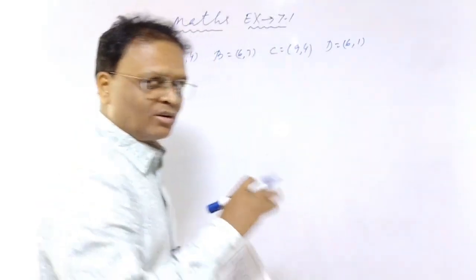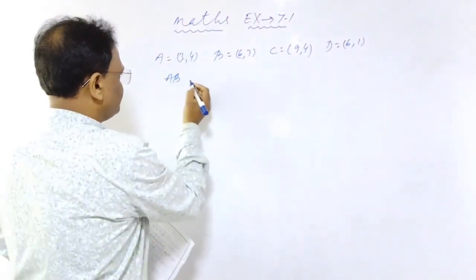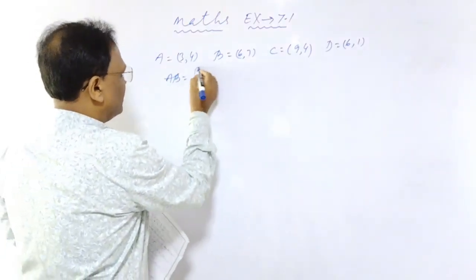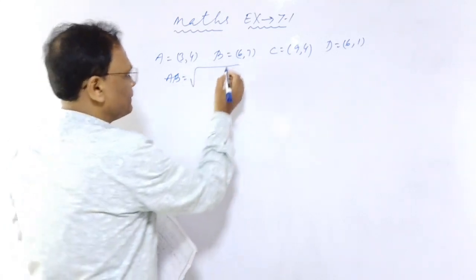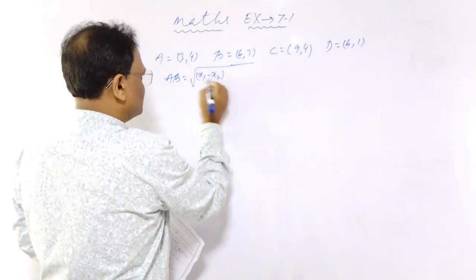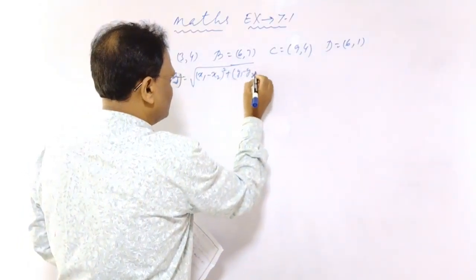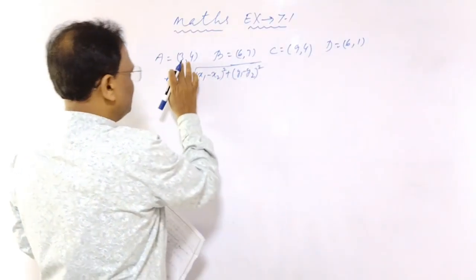Exactly. So let me find all the 4 sides similarly. Let me find AB. Distance, again the distance formula: x1 minus x2 whole square plus y1 minus y2 whole square. I am taking AB.